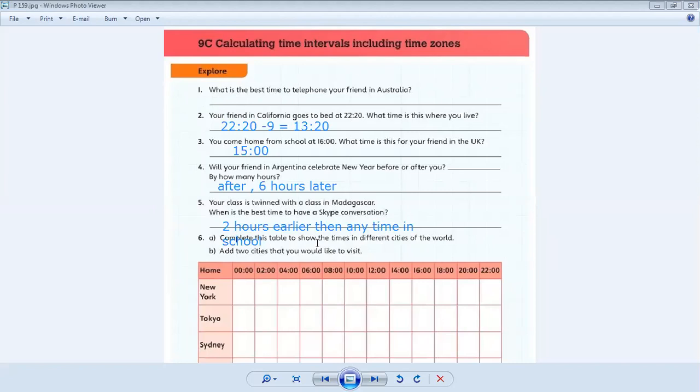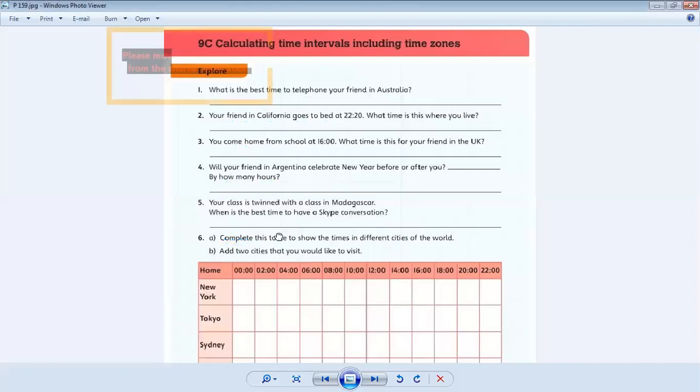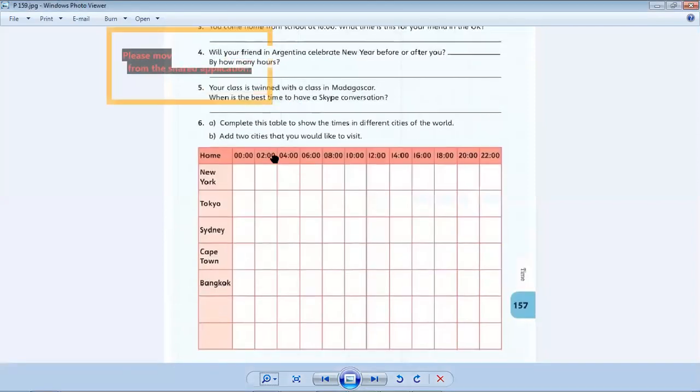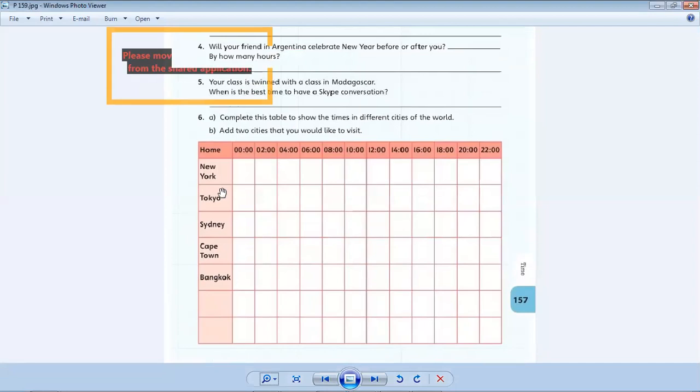Okay. Now we visited some countries. Can you see clear now? The first city is New York, okay?